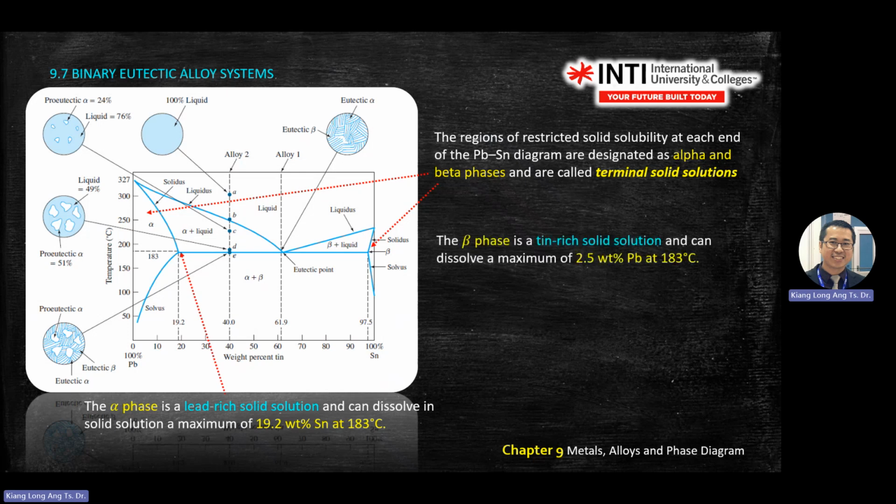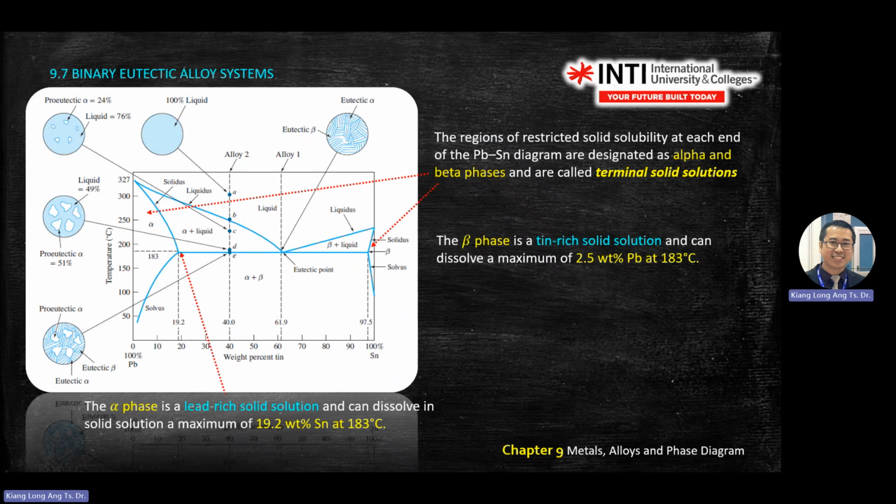The rest is just reading the graph. So the beta phase is a tin-rich solid solution. You should be able to describe whether it's a tin-rich or lead-rich solid solution. On the left-hand side, because you have a lot of Pb, that's called Pb-rich. On the right-hand side, because you have a lot of Sn, it is a tin-rich solid solution.